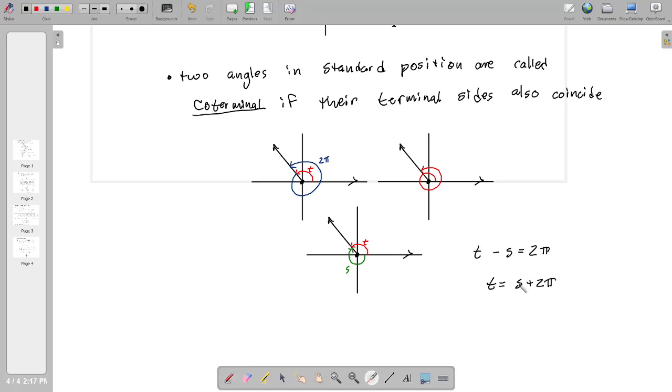And we could see that if we add 2 pi to the angle S, we would get T. So again, it's off by one full circle. Now, we could also do this where we go around any number of times, as long as we end in a coterminal position, meaning that the terminal side is the same, then they will be some number of circles apart.